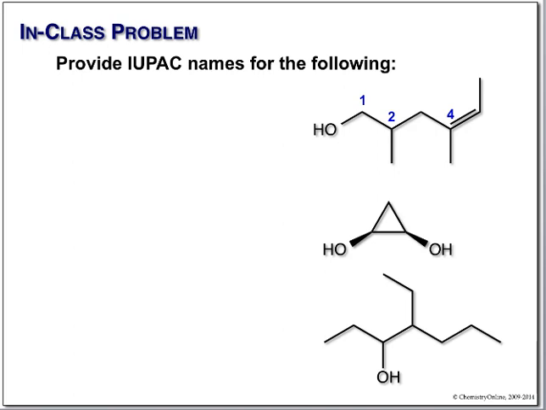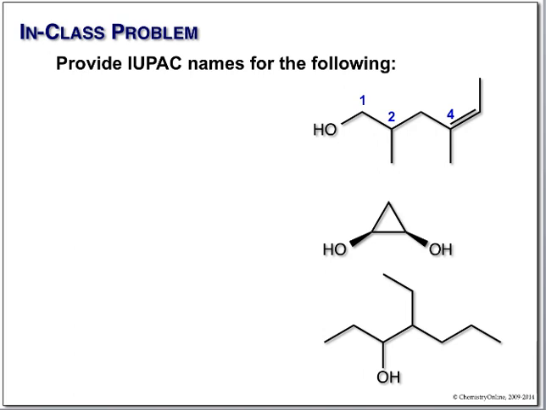See, now it's not quite so easy to use cis and trans, is it? Well, the highest priority on the terminal carbon is going to be the methyl group, obviously. This is a CH2 attached to a carbon. This is a CH3, so this is going to be the highest priority.